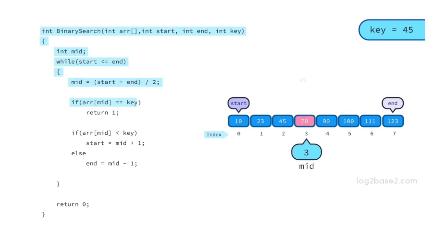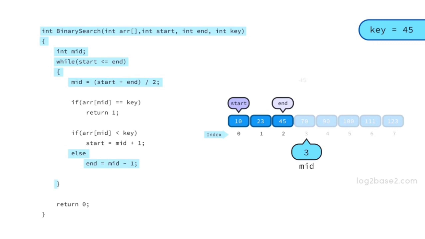So check whether we should search in the left half or the right half. So we have if ARR of mid less than key, and it is not. So 70 is actually greater than 45. So we should only check in the left half. So start should be the same index 0, but end should be mid minus 1. So in else we have end equal to mid minus 1, that is 3 minus 1, which is equal to 2.